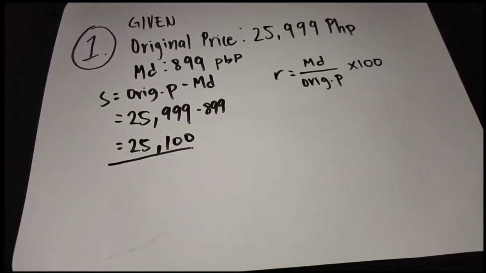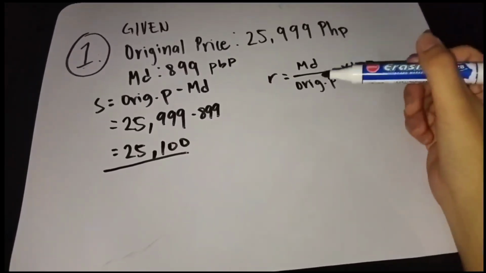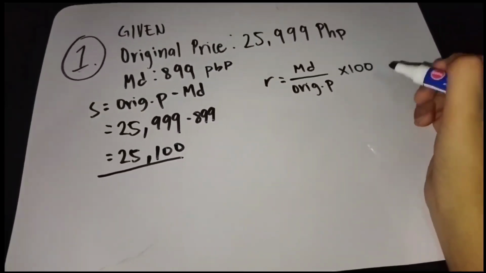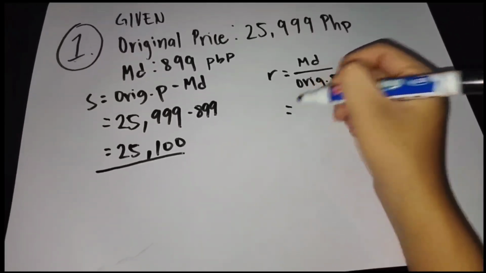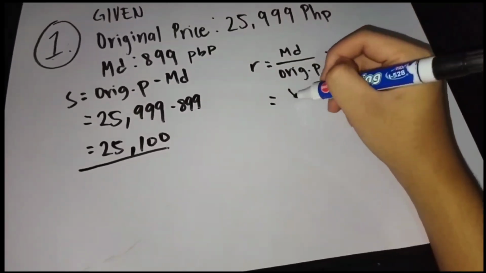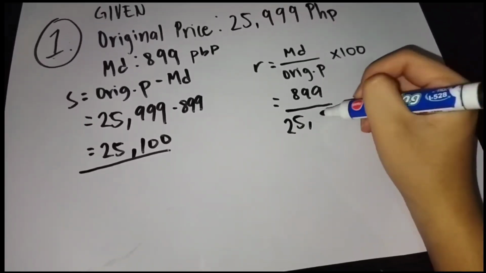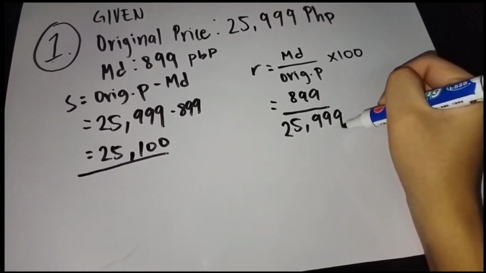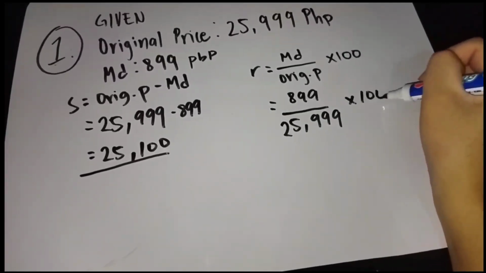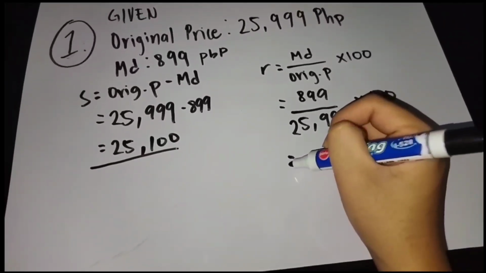At para naman makuha yung rate, gagamitin natin yung formula na MD divided by original price times 100. So, that would be 899 divided by 25,999 times 100. Divide muna natin siya.